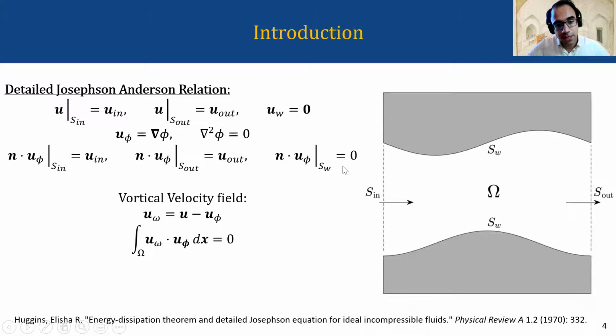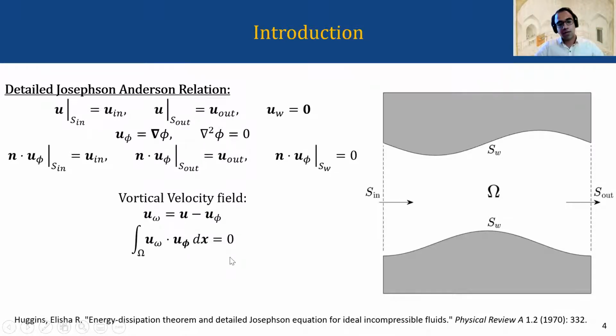So what that means is that u omega at the boundary will be 0, because the normal component of u omega will be 0, and also that the two fields are orthogonal. So if you take a dot product of u omega and u phi, you see that it's 0.